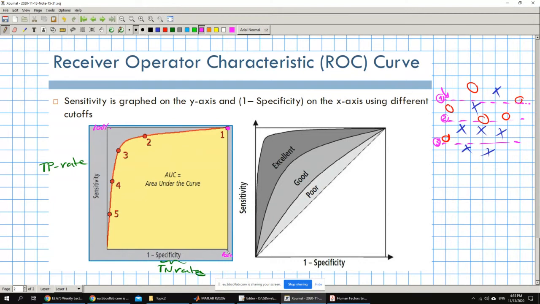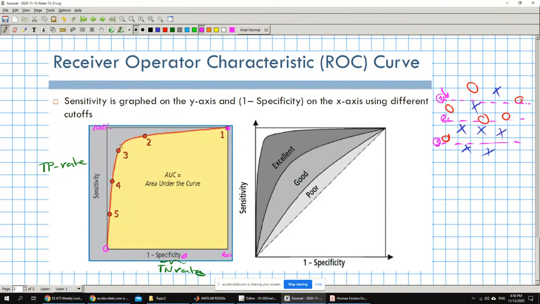Actually, it's supposed to be 100% here, but since this is 100%, the specificity will be 0, which is the trivial system that we just talked about. So this point right there doesn't make sense. This point right there is the opposite: you have a sensitivity of 0 and a specificity of 1. Doesn't make sense. So these points don't make sense.